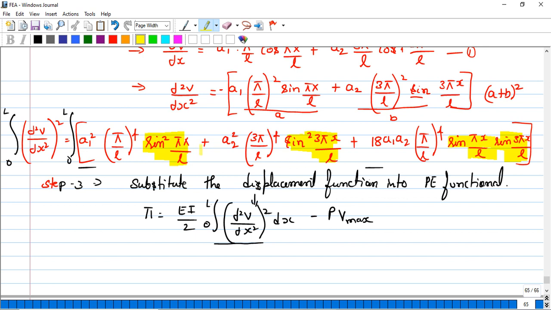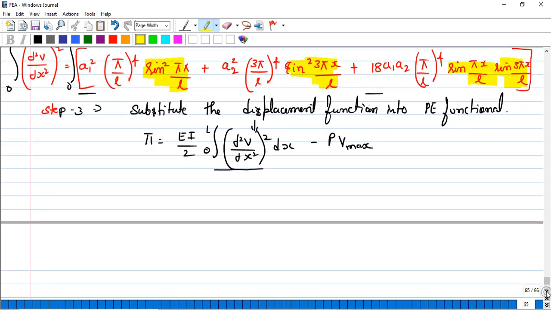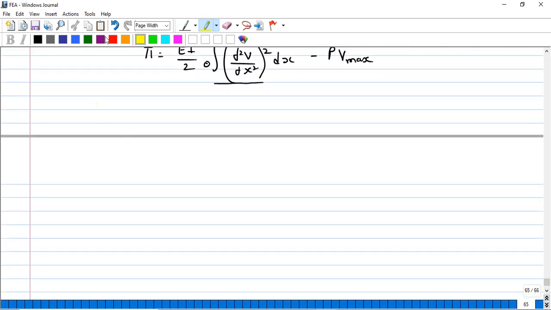The rest are all constants, no need to apply. If I consider it step by step, then it is easy for me to substitute the complete value. So let me consider the first term, that is the integration of, and I will write down each term.